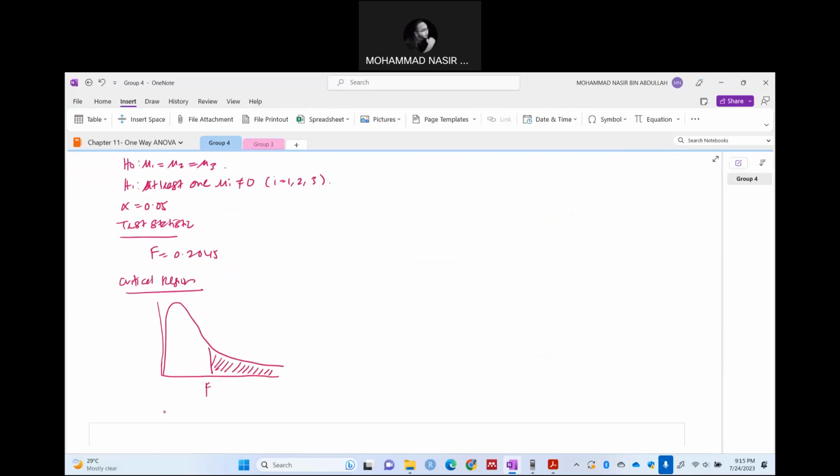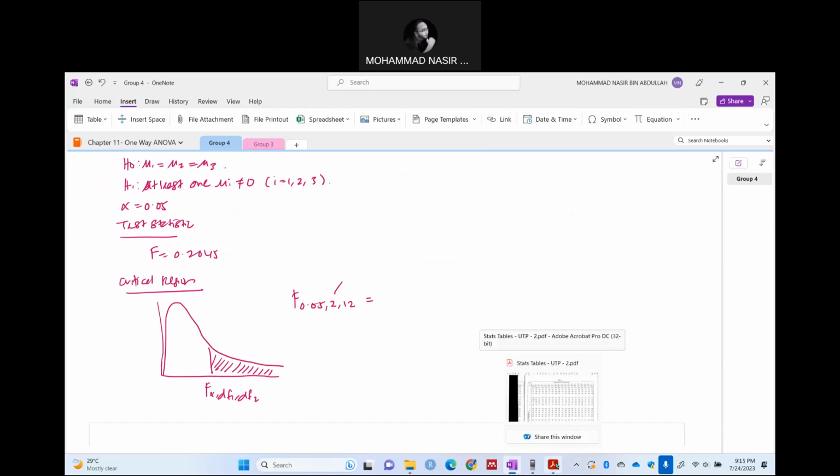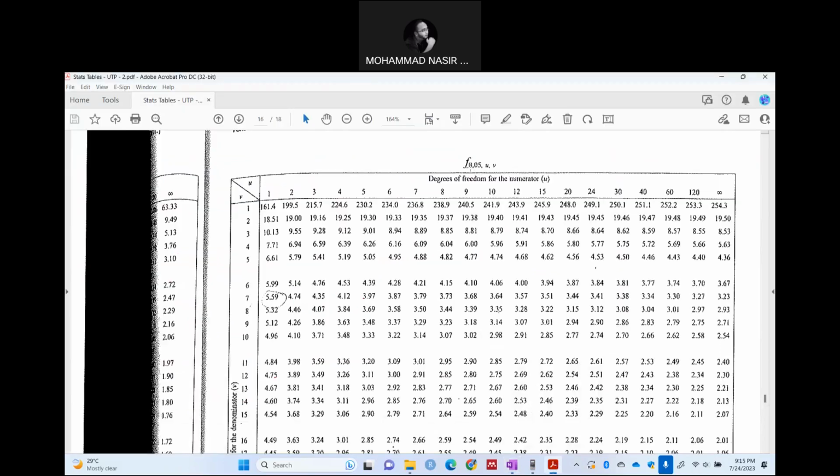So this is F alpha, degree of freedom 1, degree of freedom 2. So F 0.05, 2, and 12. Degree of freedom number 1 is degree of freedom for treatment. Second, degree of freedom for error. Right. So look at the statistical table, 0.05, U is 2, V which is 12.